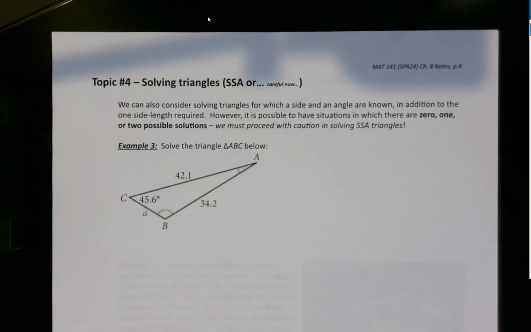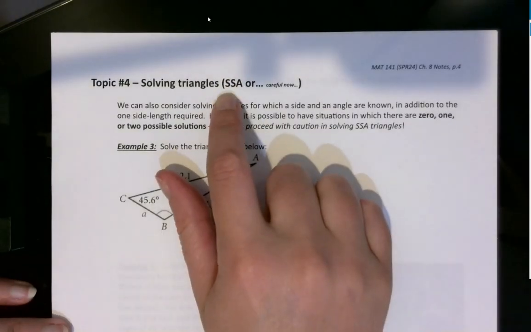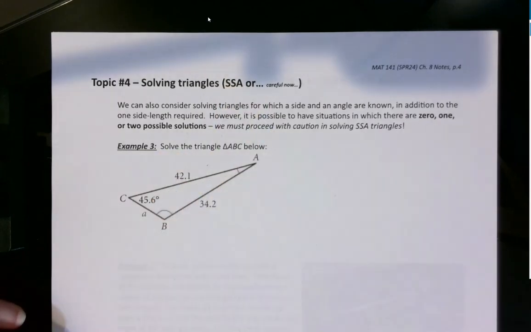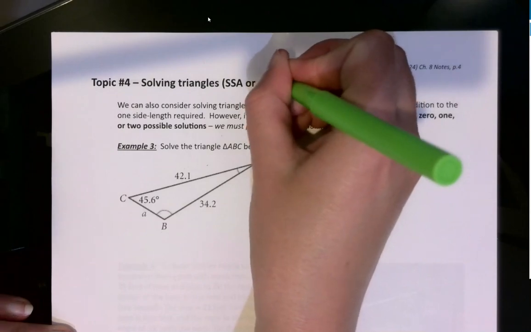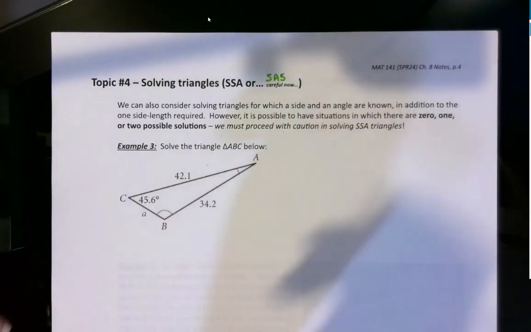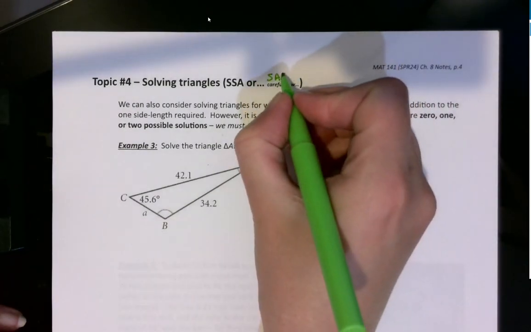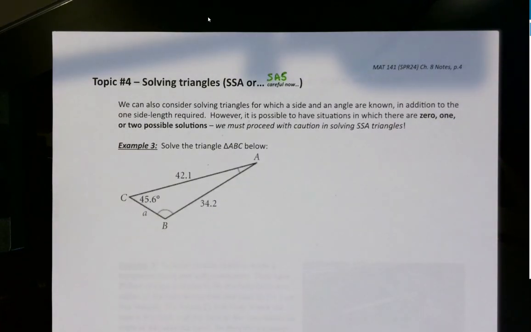Now we are going to look at the side, side, angle case, or the side, angle, side case, where we know two sides and one of the angles.